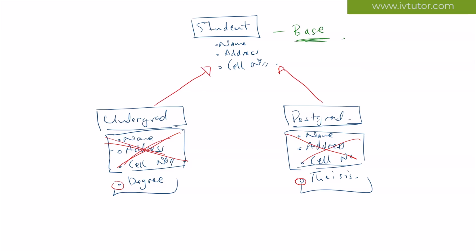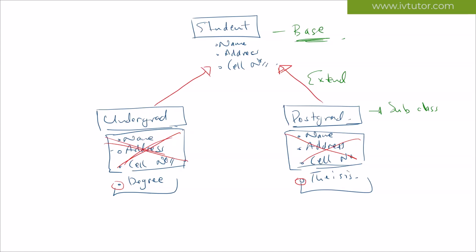Then you extend this class and you end up with what's called a subclass, which means postgrad is an extension of a student. And undergrad is an extension of a student.